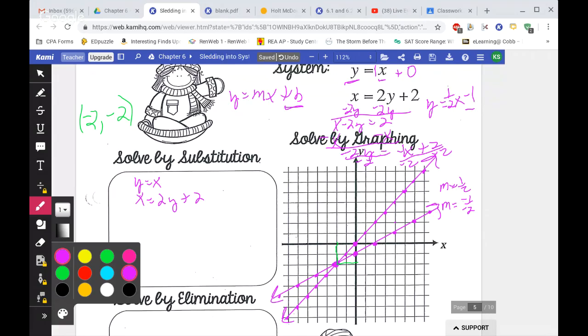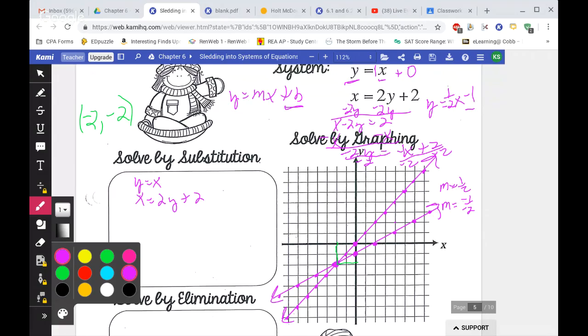We could actually substitute 2y plus 2 in for this x, or we could substitute x in where the y is. So either way. So let's see.